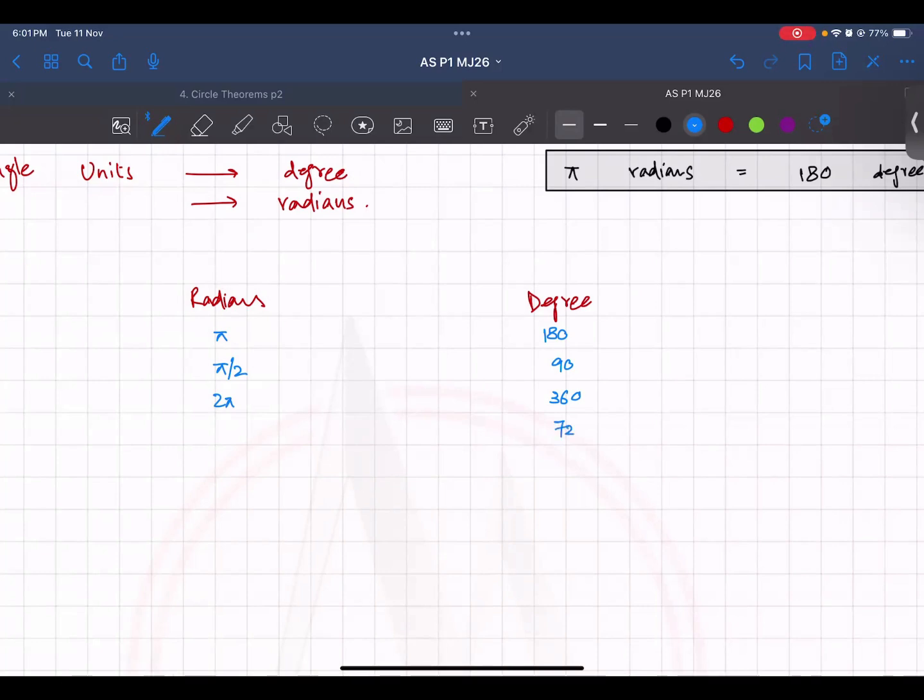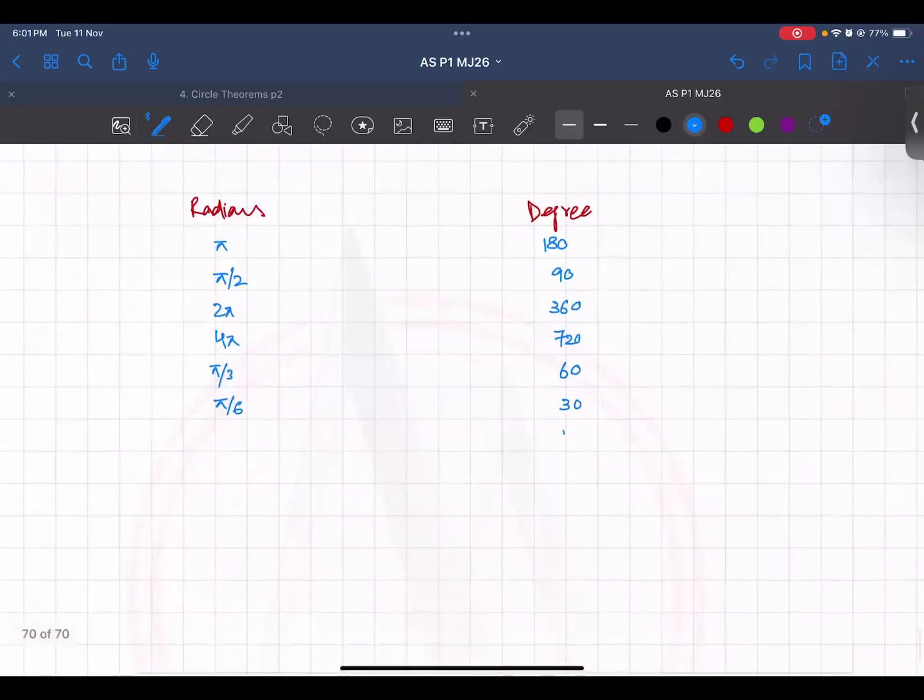If it is 720 degrees, which is 4 times 180, this would become 4 pi. 60 degrees is one third of 180, so pi by 3. 30 degrees would be pi by 6, since 180 divided by 6 is 30. 15 degrees is pi by 12. 45 degrees is 180 divided by 4, so pi by 4.